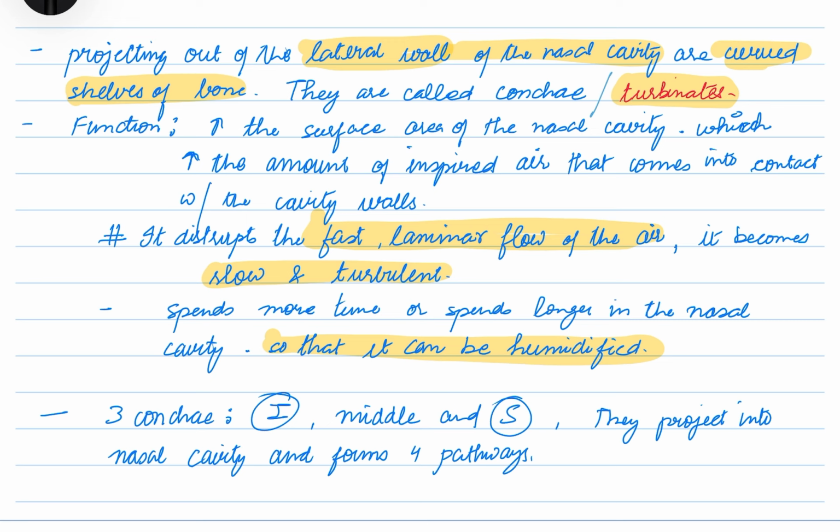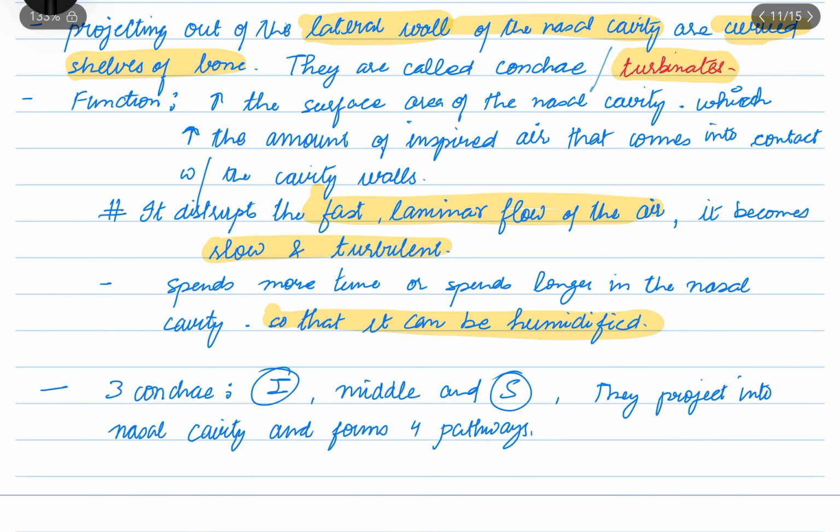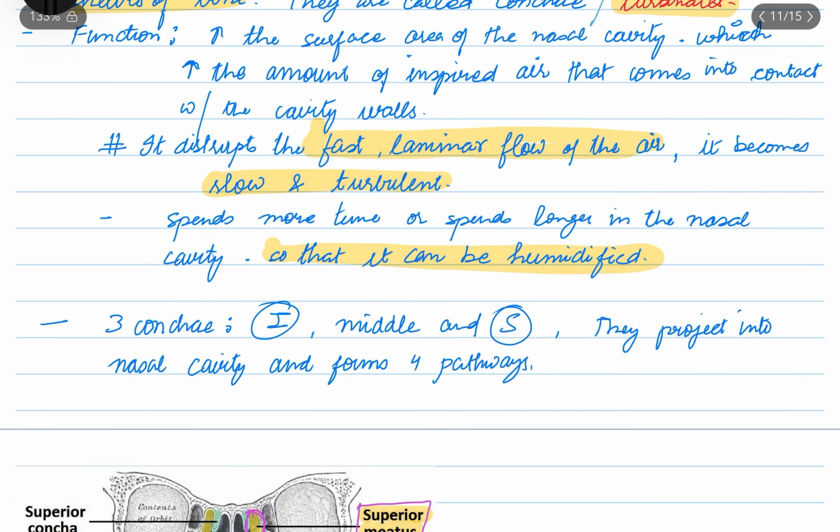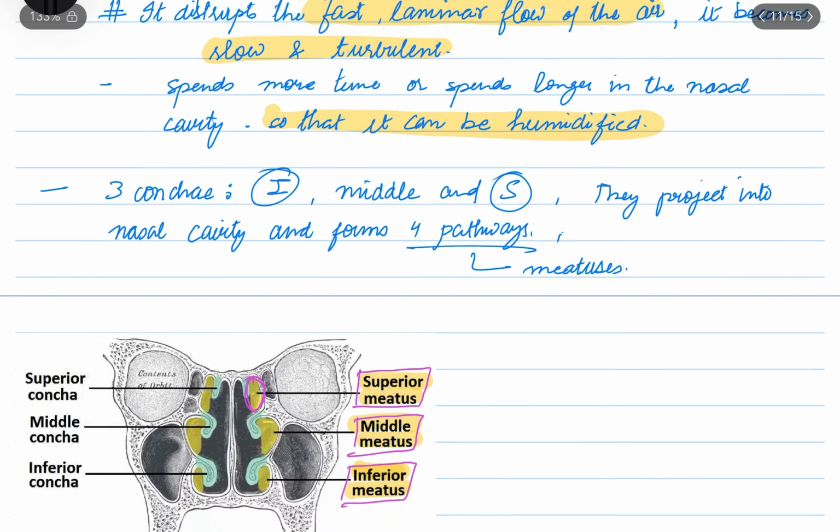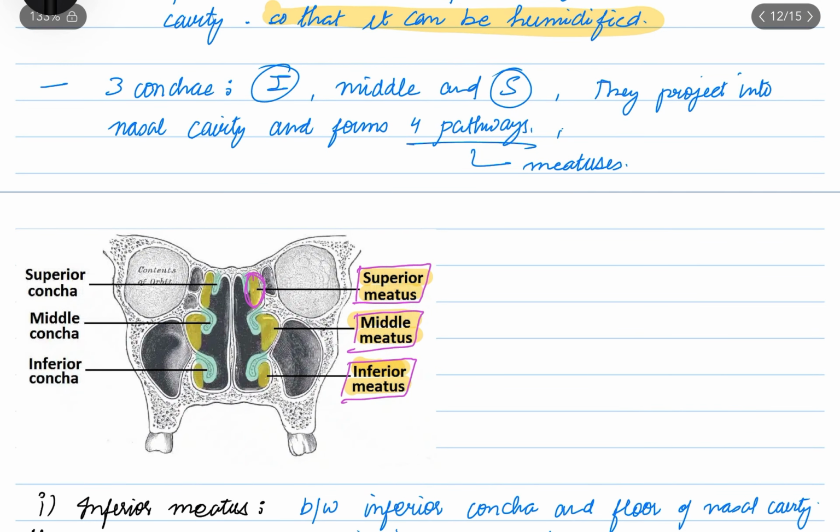Basically there are three conchae: inferior, middle and superior, which project into the nasal cavity and form four pathways for the air to flow inside. These four pathways are called meatuses: the inferior meatus, the middle meatus, the superior meatus.